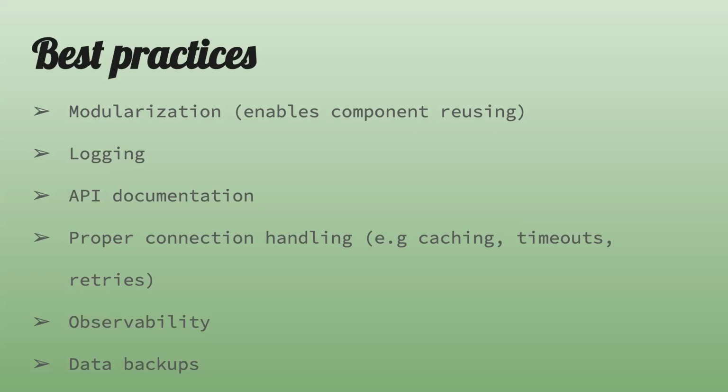And another thing is proper connection handling. We have seen that due to poor connection handling, there can be some race conditions. If we open an input stream or output stream to a file, we need to close that connection.